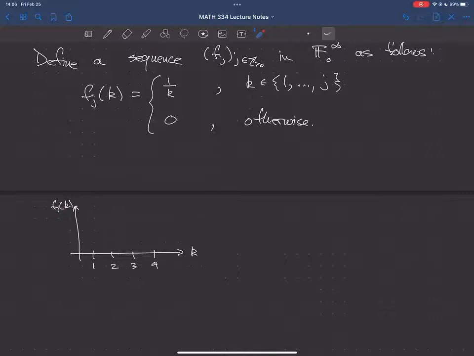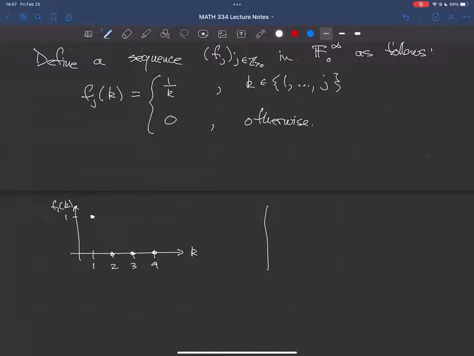And so f1 at k equals 1 is going to be 1 over 1, which is 1. I'll graph the sequence by putting a little dot there to indicate the value of the function at the point 1. So that value there is 1. And then f1 is going to be 0 for all k's larger than 1. So it's 1 there and then 0 everywhere else.